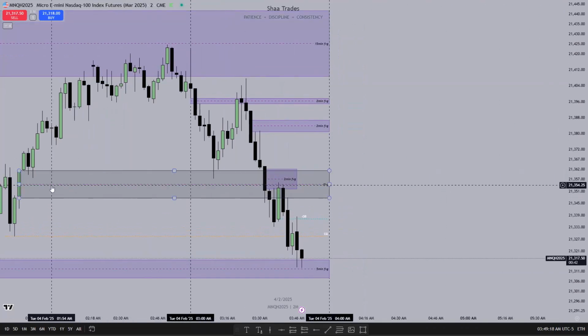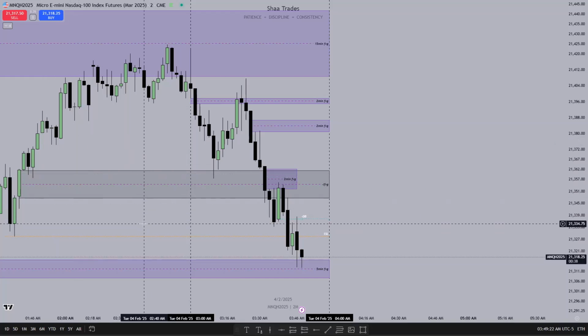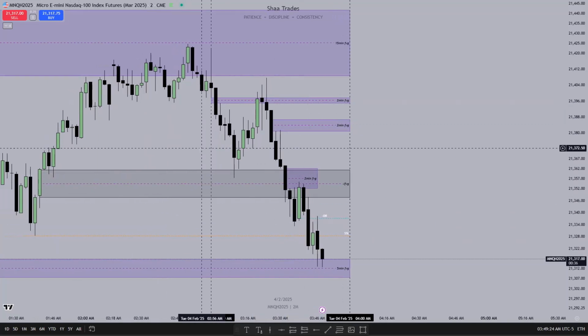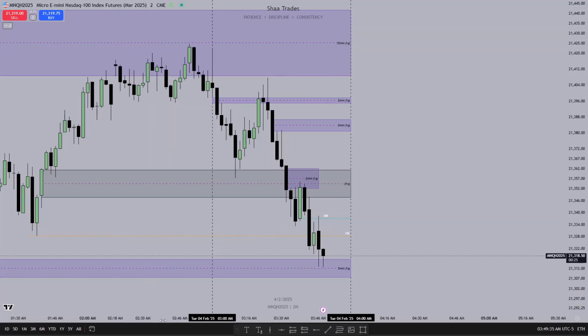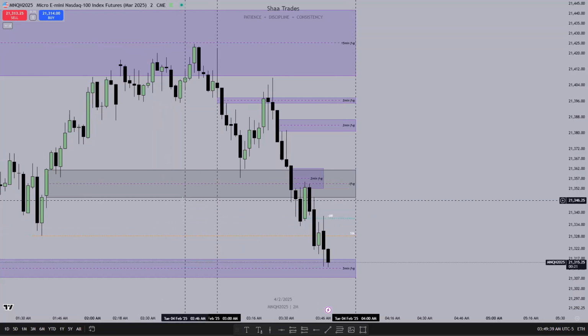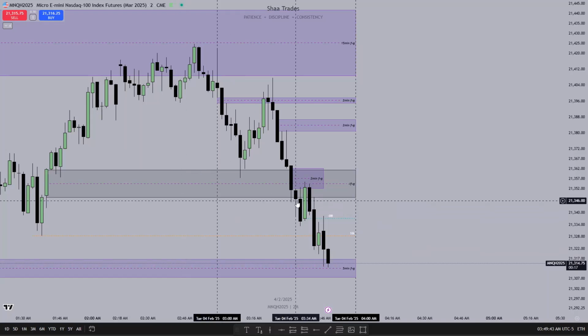So I was looking at this 2-minute fair value gap, this one here, and I have a couple more just to see what price is doing. So I was looking for the inversion fair value gaps to support a narrative, or to build a narrative so I could enter a trade. I was looking for this fair value gap to be broken. We got that here.